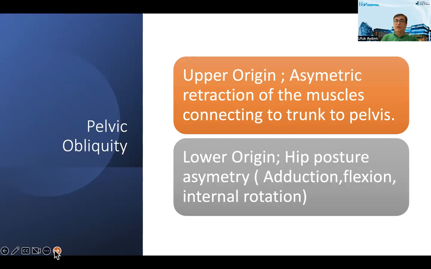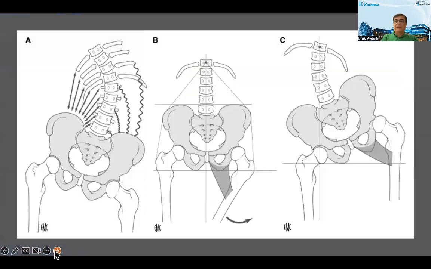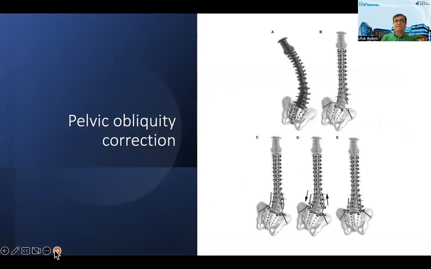Pelvic obliquity could be of upper origin or lower origin. The upper origin is due to asymmetric retraction of the muscles connecting the trunk to the pelvis. The lower origin is the contractures of the hip: adduction, flexion, internal rotation. As you can see here, the mechanism of pelvic obliquity is shown on the drawings.